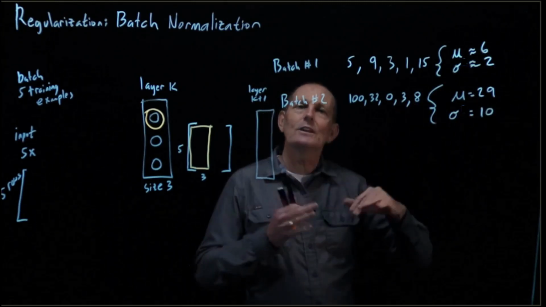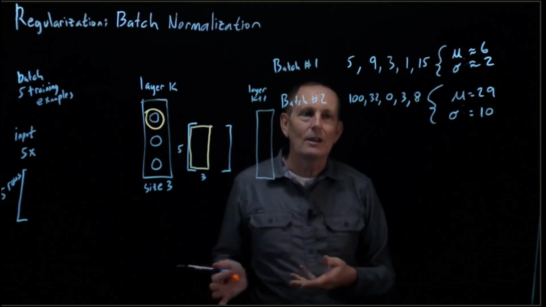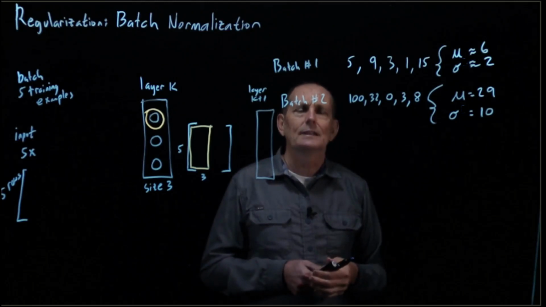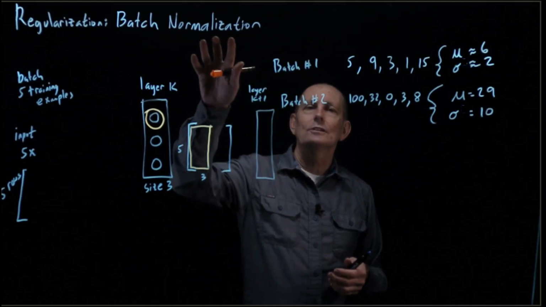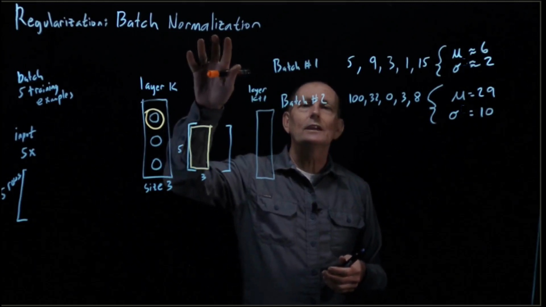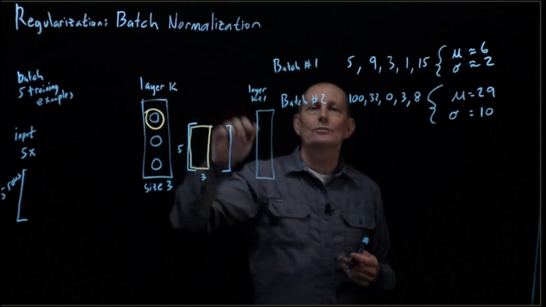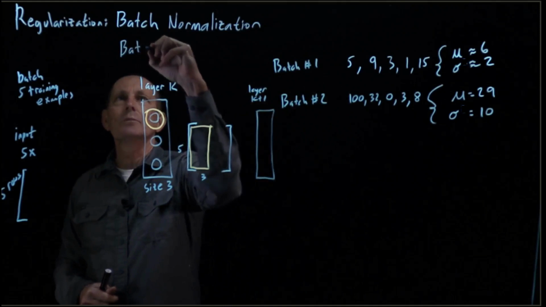Those means and standard deviations vary quite a bit as we come in batch by batch. So the thought is, let's do some sort of normalization of mean and standard deviation on a batch by batch basis. That's where we get batch normalization, also normally just called batch norm.